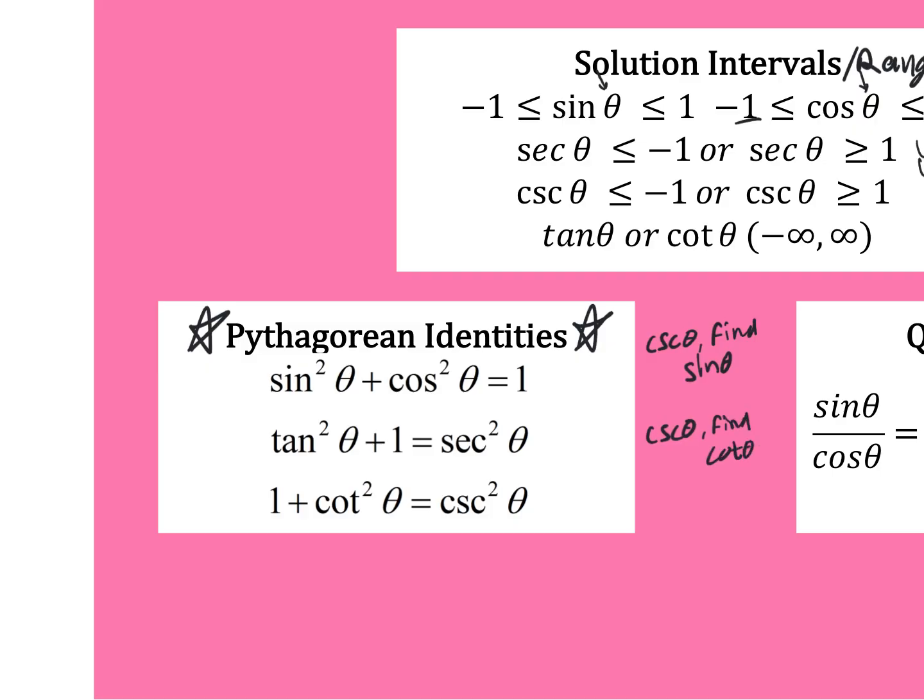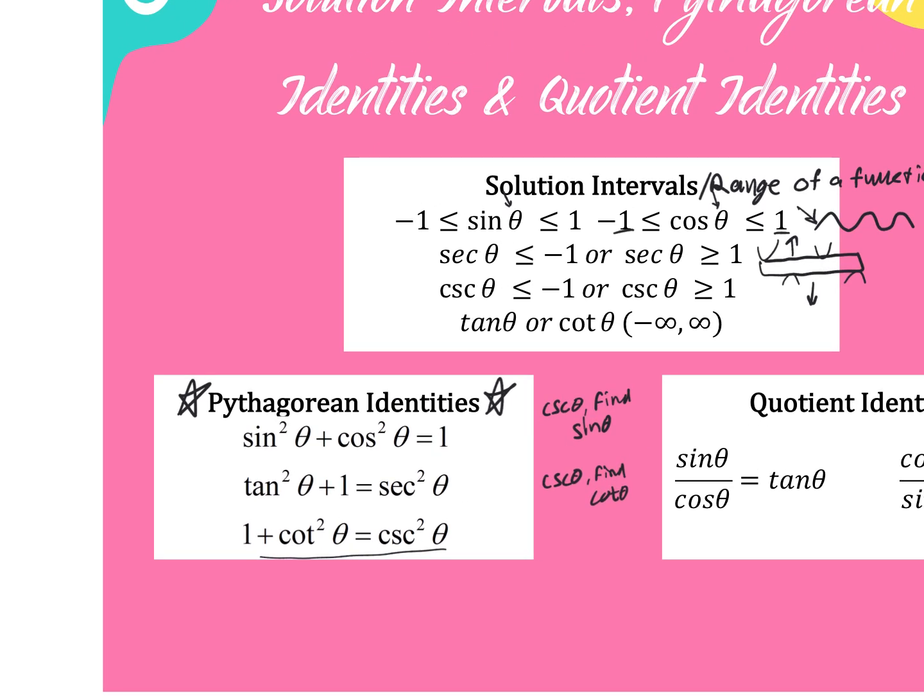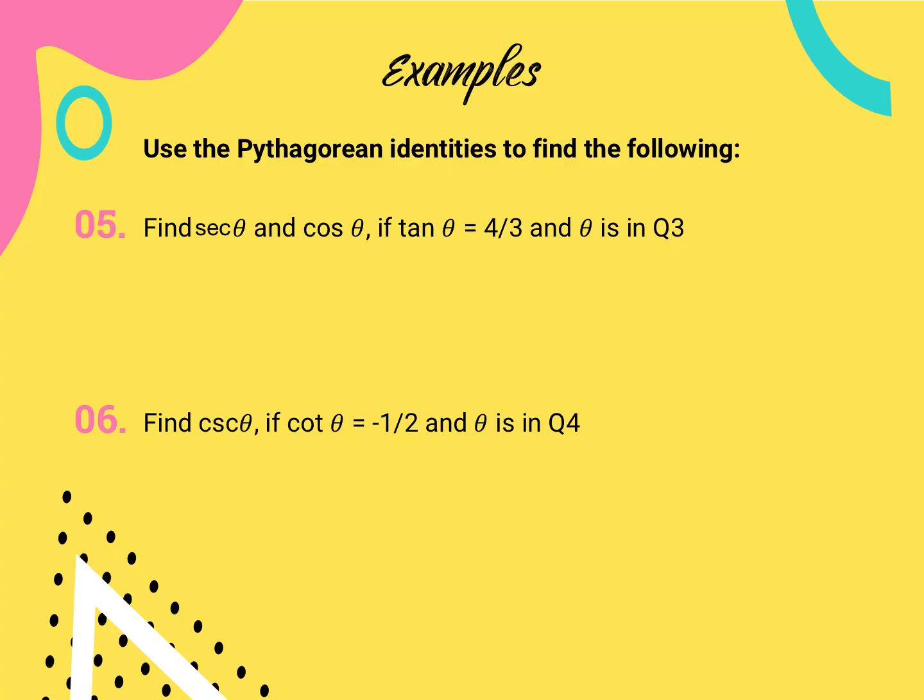Cosecant and cotangent don't really relate to each other in terms of x, y, and r, but they do relate to each other with a Pythagorean identity. Just by using an identity like that, we're able to solve for a missing trig value. You'll see what I mean in the next slide when we actually solve these problems. Okay. We're asked to use the Pythagorean identities to find the following.